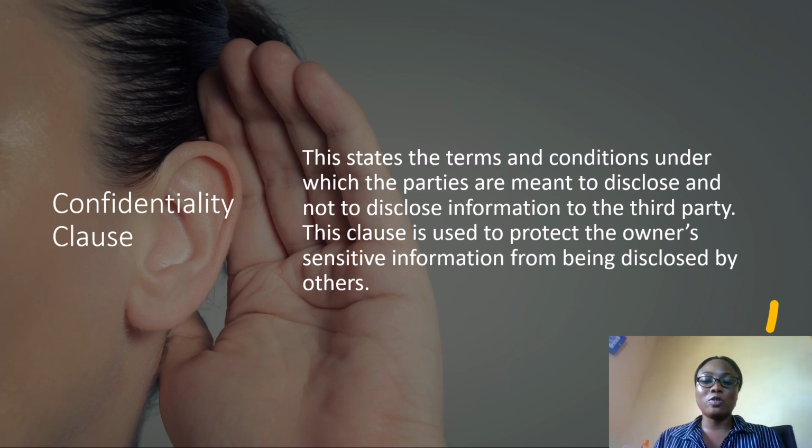So this clause says that the other party that you are disclosing the information to is not allowed to disclose it to another party, a third party, or someone who is not even familiar with the contract, the processes or the services being rendered. This is a very important clause because it allows you to protect your business. It also allows you to safeguard your properties and assets in your business, and make sure that there is no leakage of important or sensitive information that you or your business don't want out in the public.